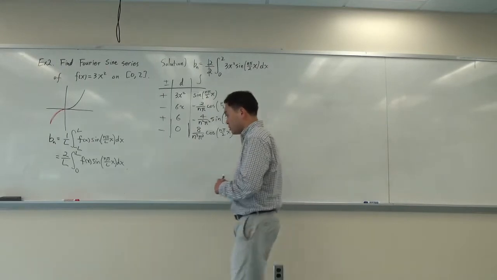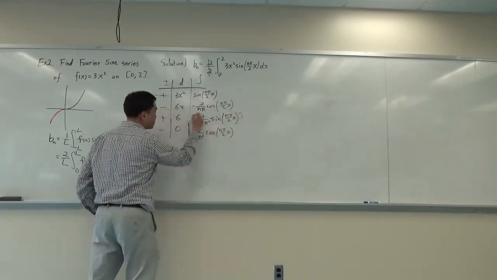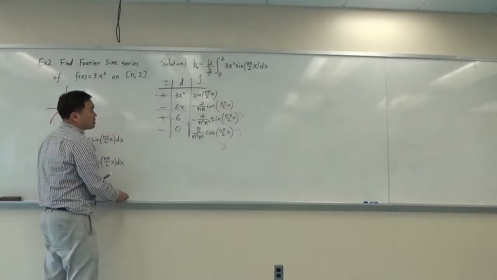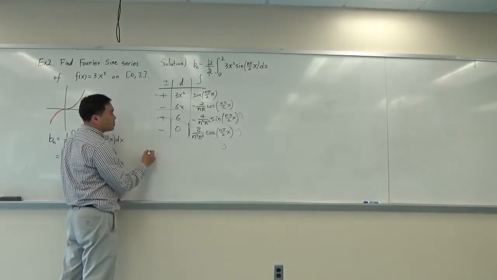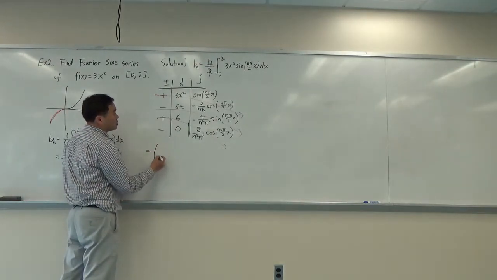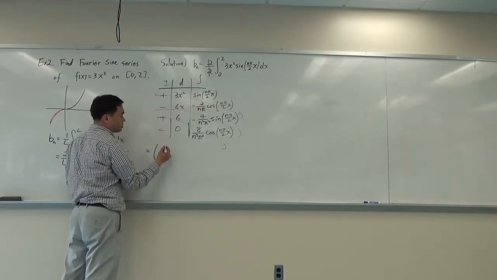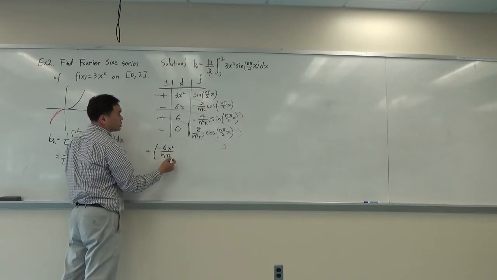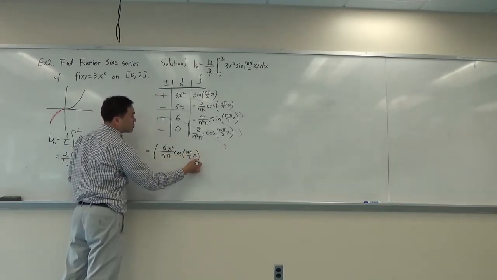Now let's extract the result from here. Multiply, multiply, multiply. And the multiplication result is that you have 3x squared times 2, which is 6x squared, and minus n pi, and then you get cosine n pi over 2x.